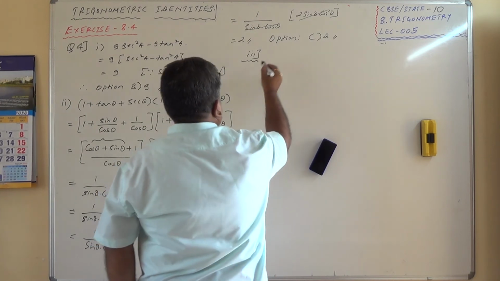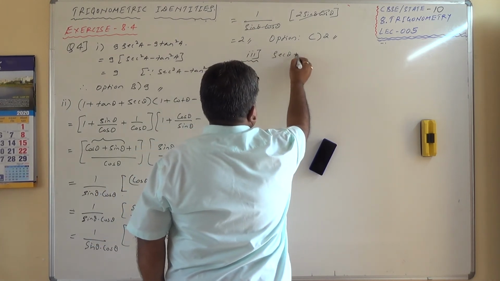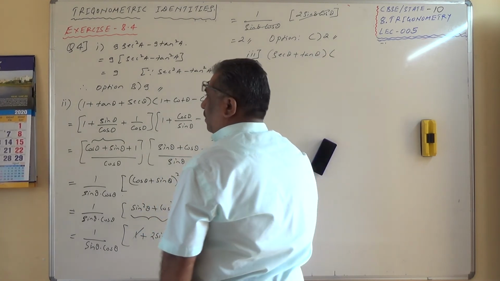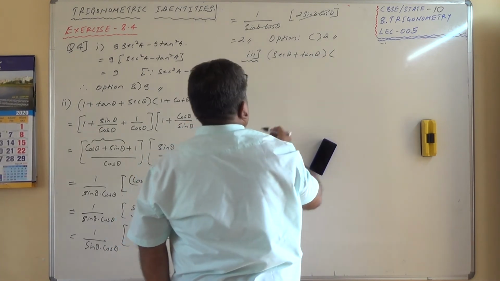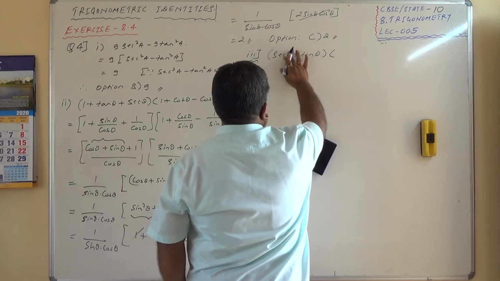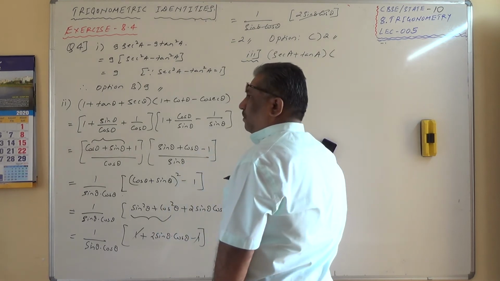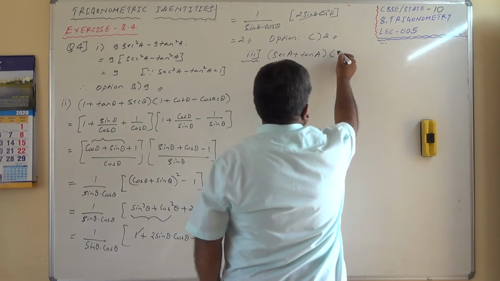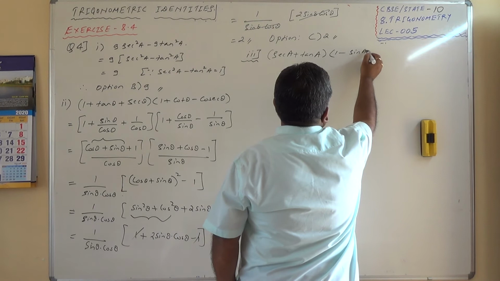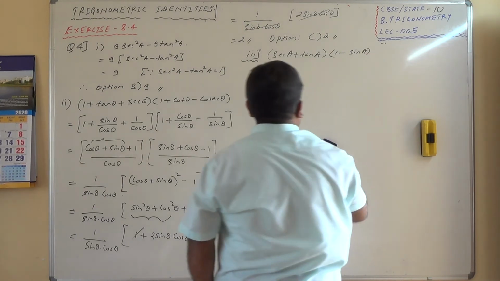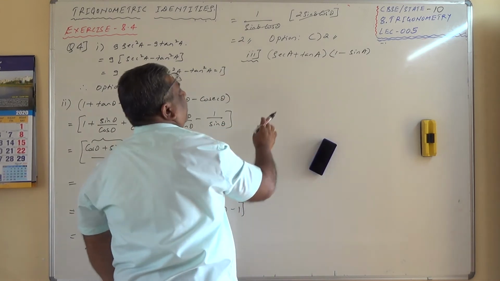sec theta plus tan theta. A it is written, okay, I'll take A only, then you may get confused. Into 1 minus sin A. Options given are secant A, sin A, cosec A, cos A. Let us solve this one.